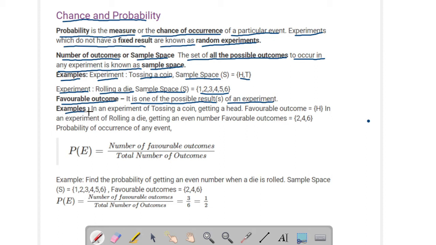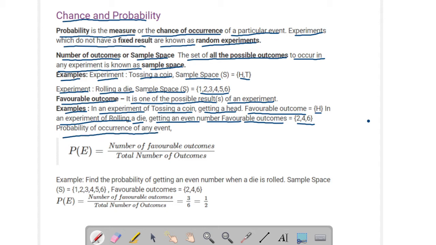Examples: in an experiment of tossing a coin, getting a head, the favorable outcome is head. In an experiment of rolling a die, getting an even number, the favorable outcomes are 2, 4 and 6.